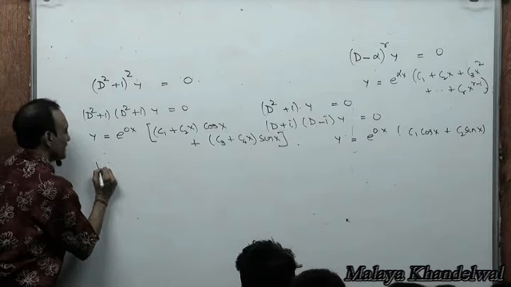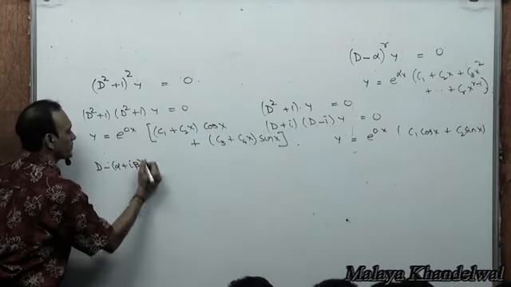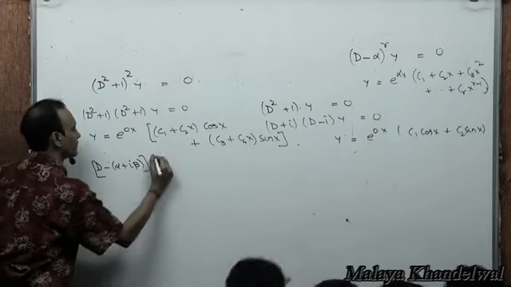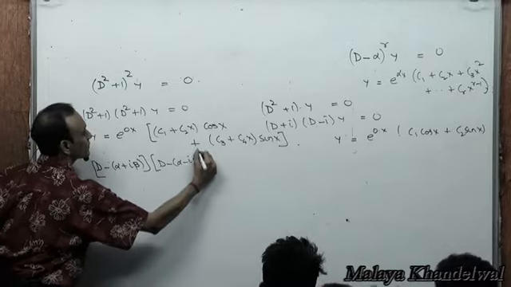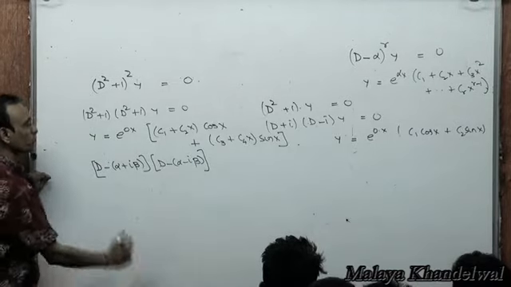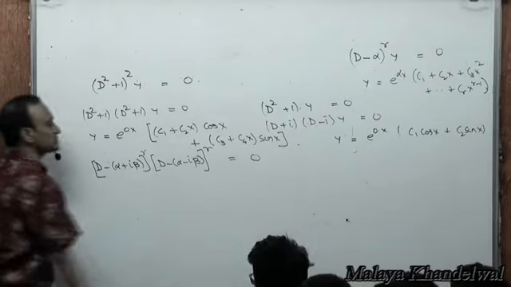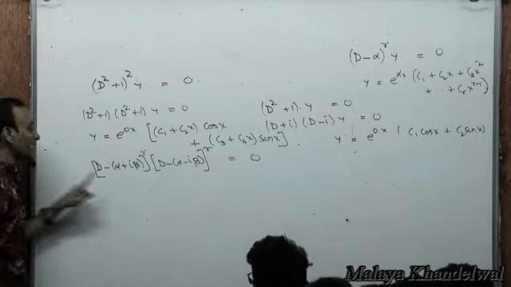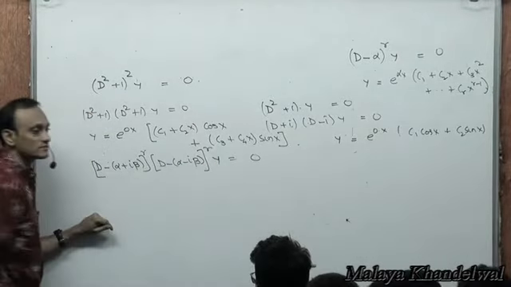If I had, say, (D minus alpha plus i beta) and (D minus alpha minus i beta) occurring r times, each root is occurring r times, the pair alpha plus i beta and alpha minus i beta is occurring r times.